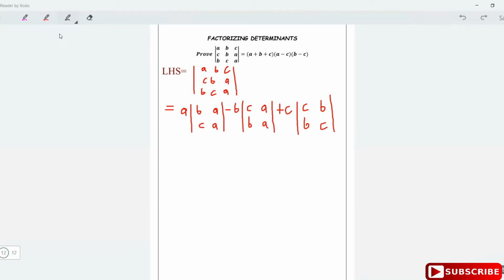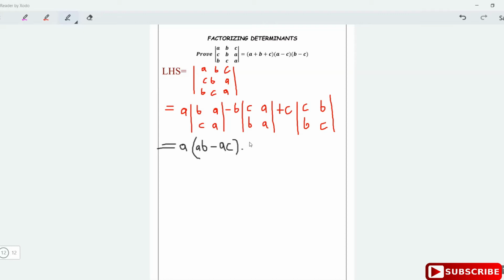What we can do is, I'll change the color. We're going to multiply them now going across. So we're going to get A times, in bracket, this is now AB minus AC. That's what we get.